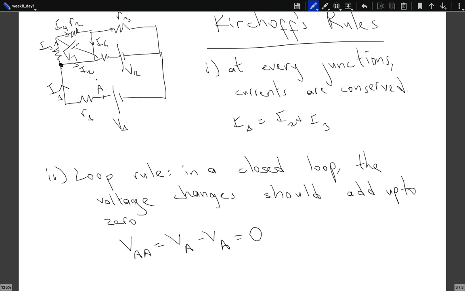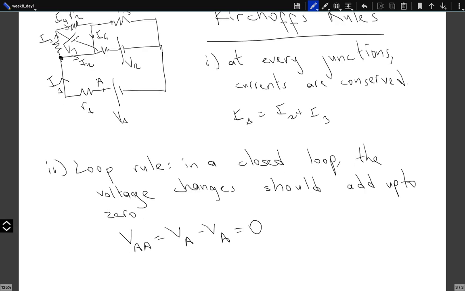But I can calculate that potential difference either staying there, or I can just go across this resistor, then across this resistor, across this battery, and it should still add up to be 0. That is the second Kirchhoff's rule.